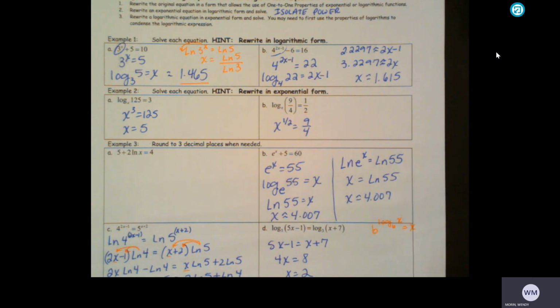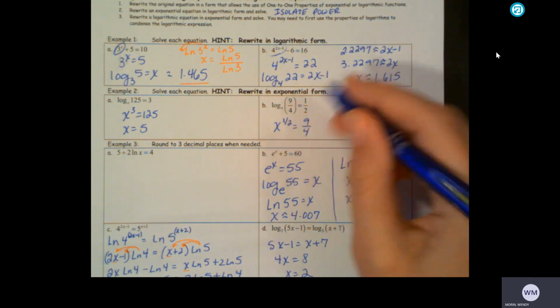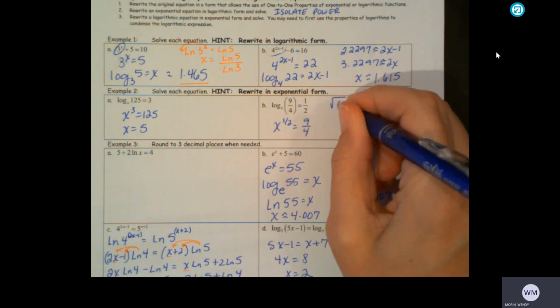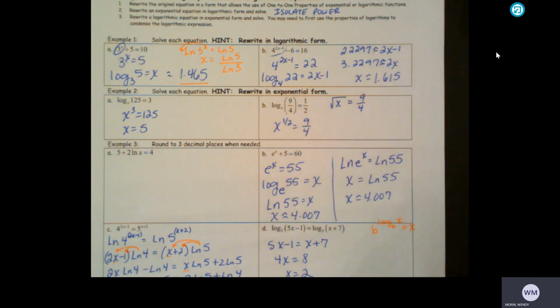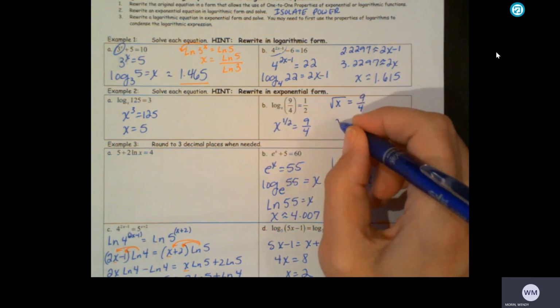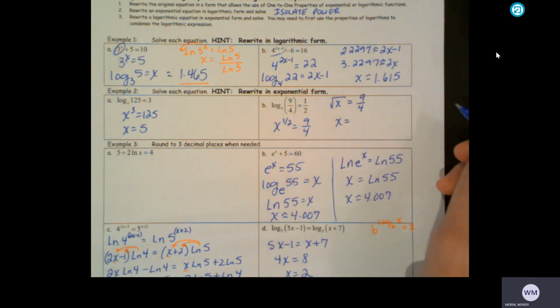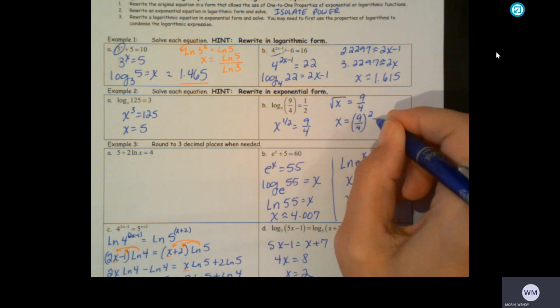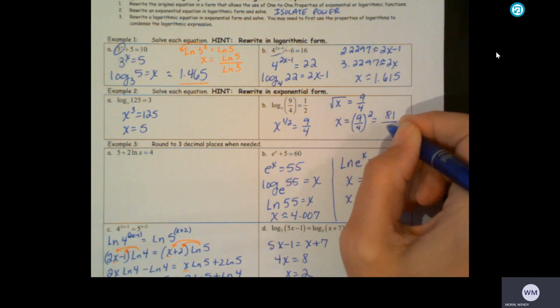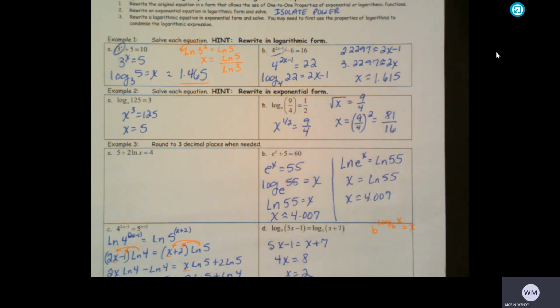How do we solve for x? Again, for those of you who don't know, the 1/2 power means the square root of x to the 4th. What do you do to both sides to get x? You square both sides. And you should know how to square a fraction without a calculator, square the top and square the bottom.